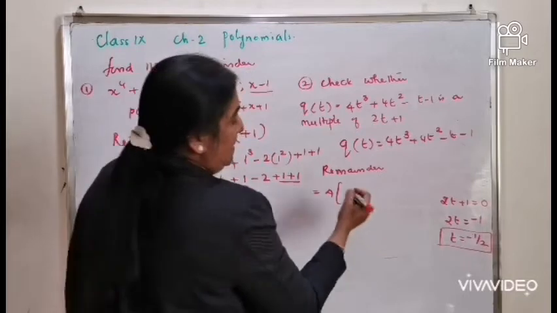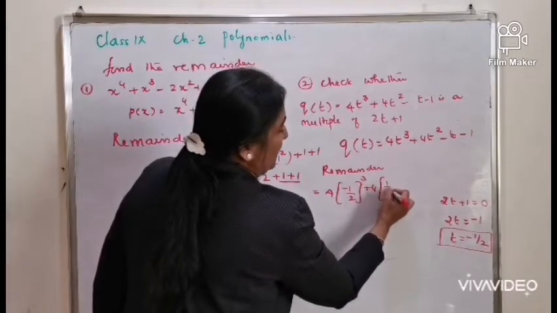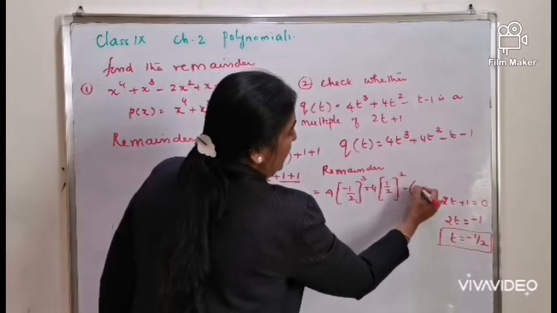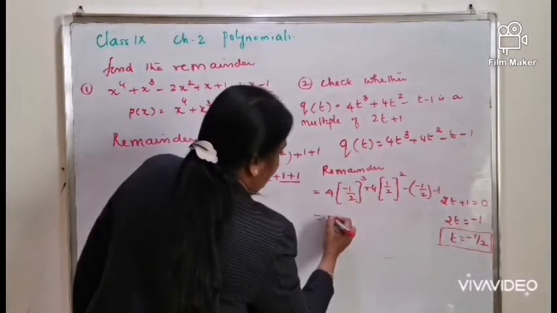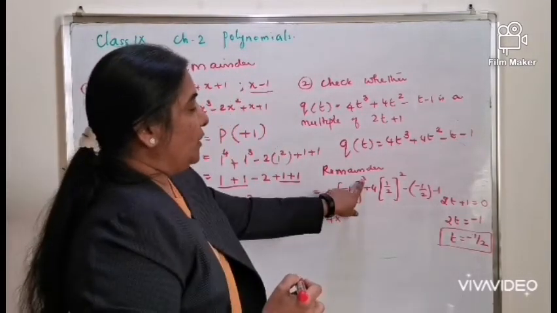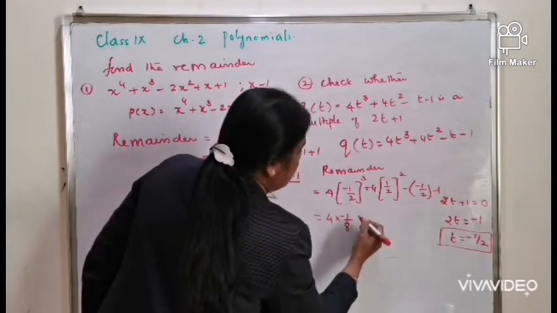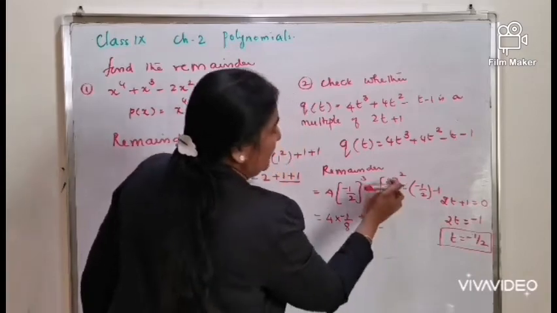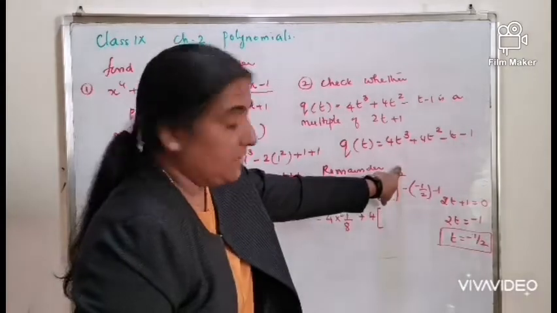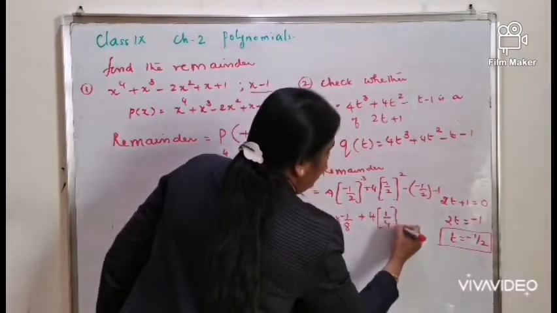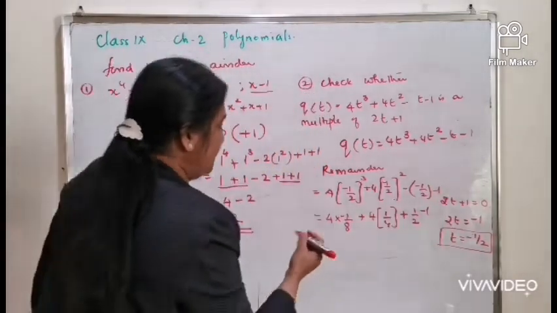The remainder is equal to 4 into minus 1 by 2 the whole cube plus 4 into minus 1 by 2 the whole square minus minus 1 by 2 minus 1. 4 into, to the odd power, it will always be negative: minus 1 by 8. Plus 4 into 1 by 2 to the power of 2, which is 1 by 4, plus minus and minus will become plus half, minus 1.